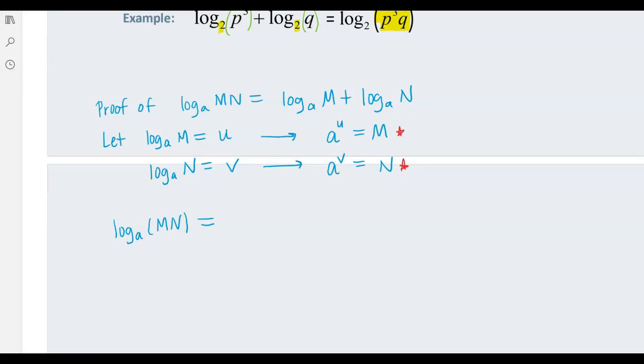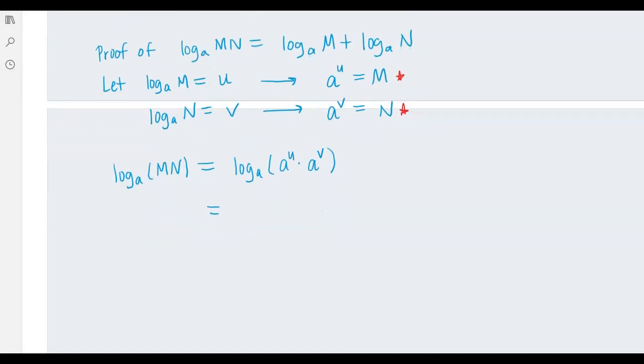I'll rewrite this as log base a of a to the u power instead of m times a to the v power instead of n. When we have two exponents and the bases are the same, we can add the exponents together because these are being multiplied. So this would be a to the u plus v.